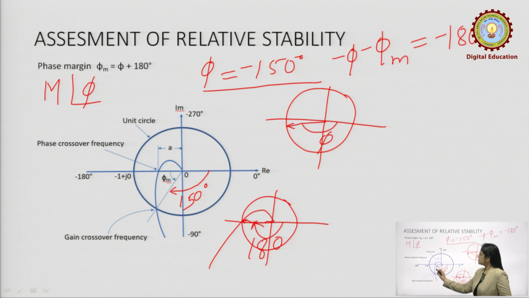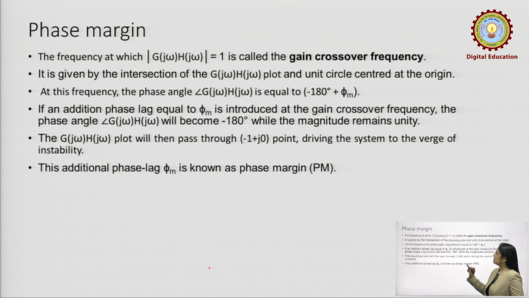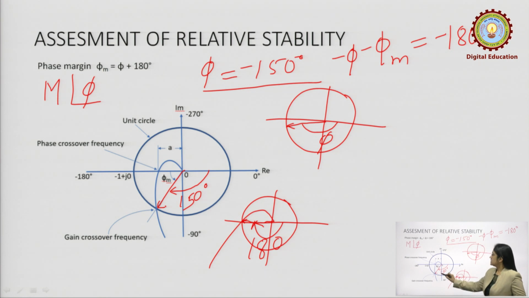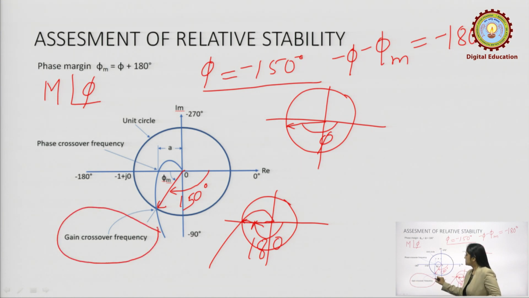So, now this is the additional phase lag. So, how do we define it? The frequency at which G(j omega)H(j omega) is 1 is called the gain crossover frequency. Here this is a unit radius circle and this is a vector. This polar plot is crossing the unit radius circle at this point, and the frequency when the magnitude is 1, it means that the magnitude of G(j omega)H(j omega) is 1, and the frequency at that time is known as gain crossover frequency.